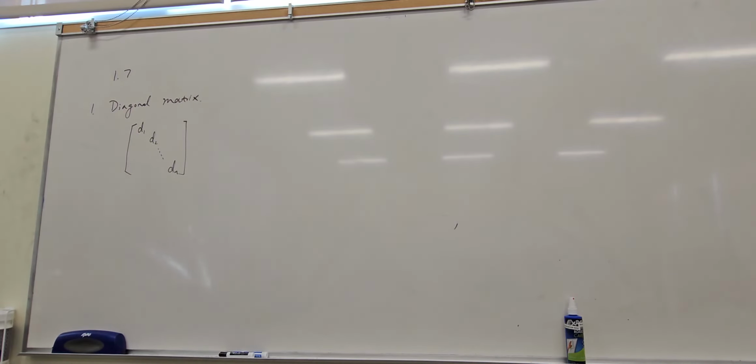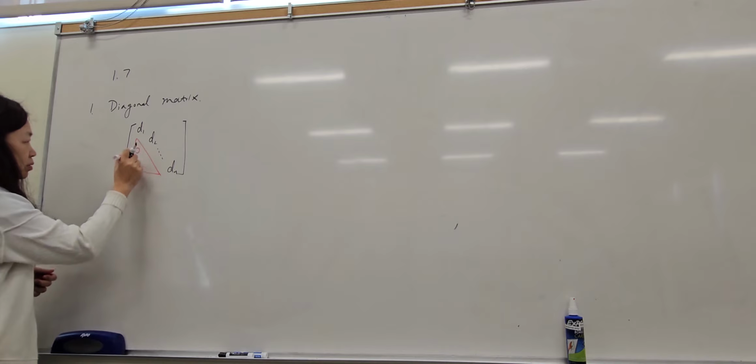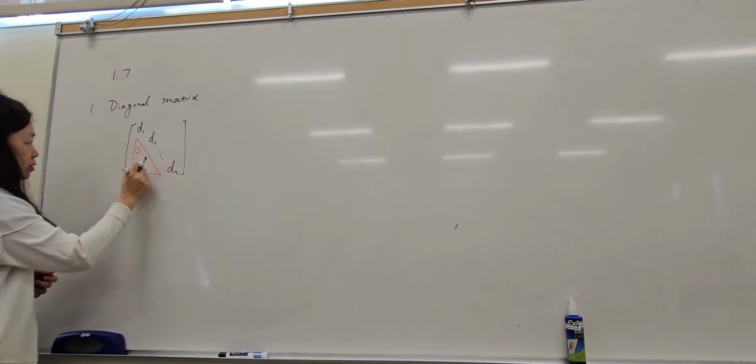They're going to have the lower triangle all 0, 0, 0, and so on.